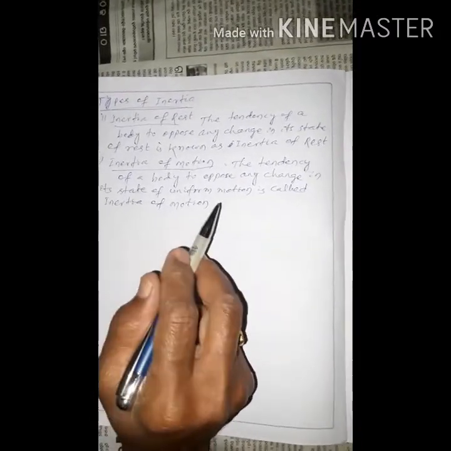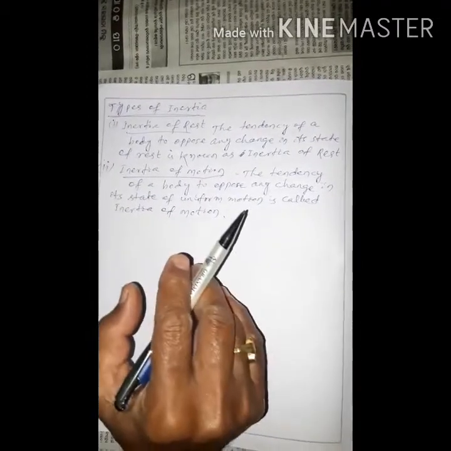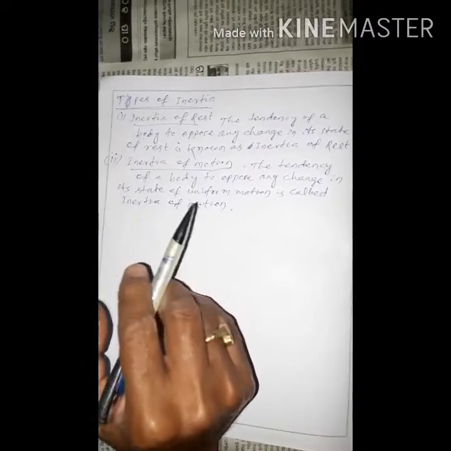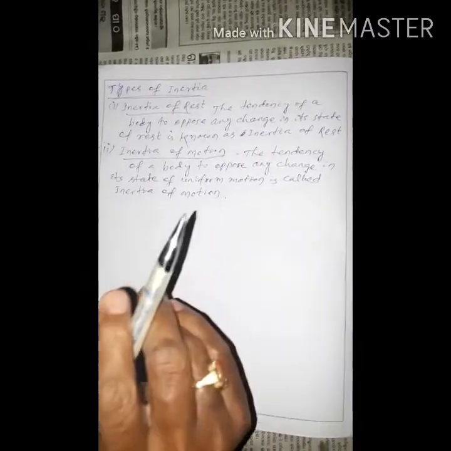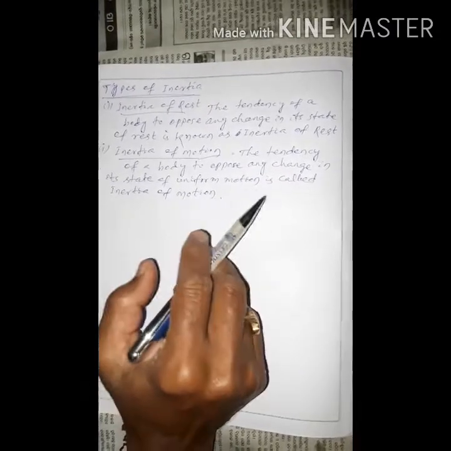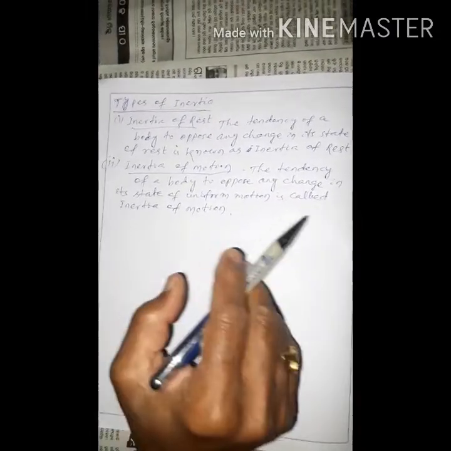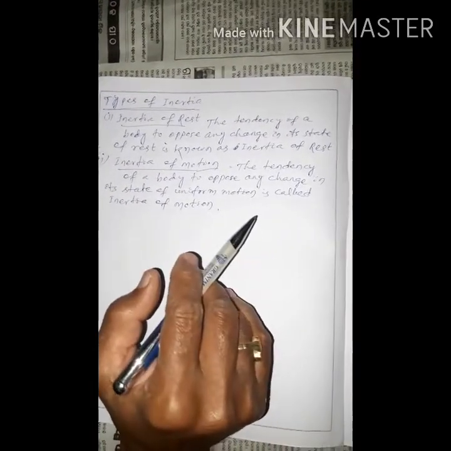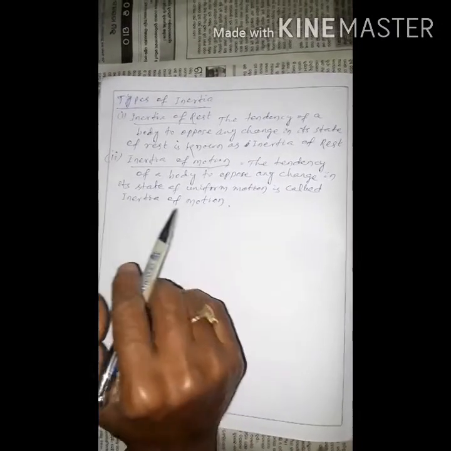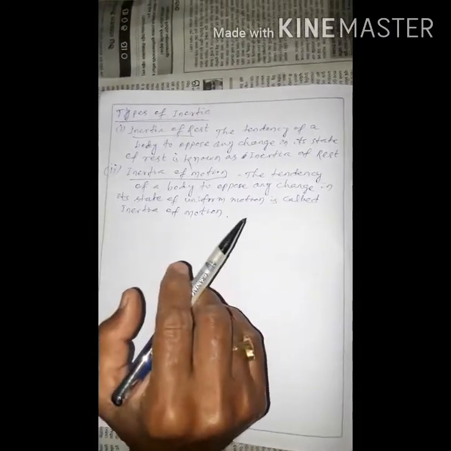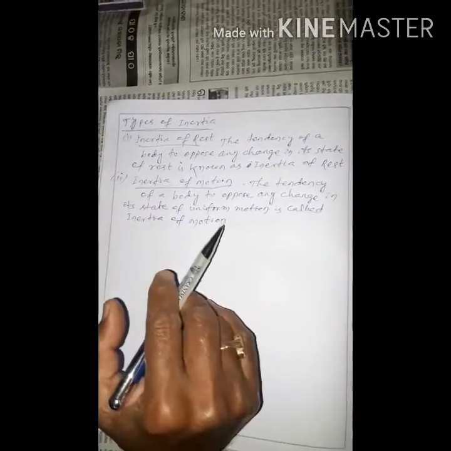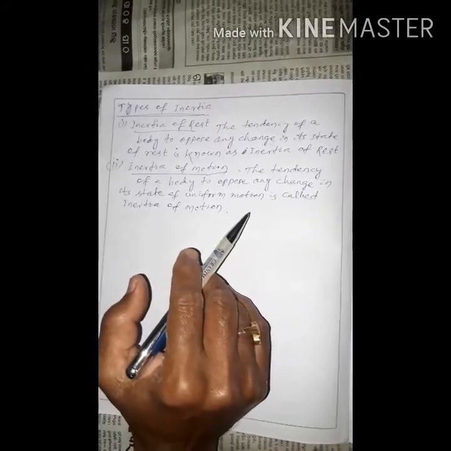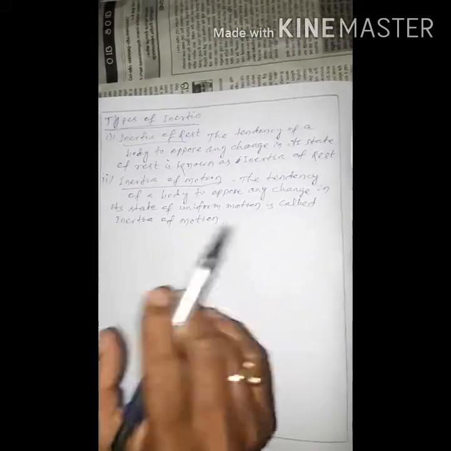Suppose a football is running on the ground. It has the tendency to move. This tendency opposes any change in its state of uniform motion. So that is called inertia of motion.